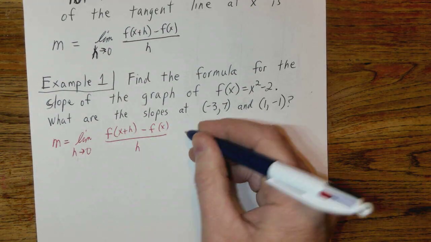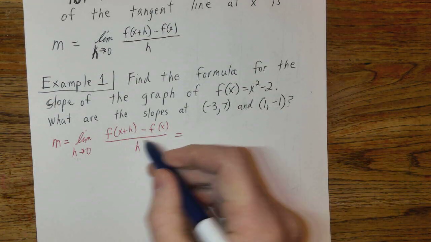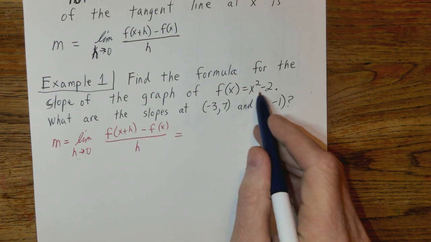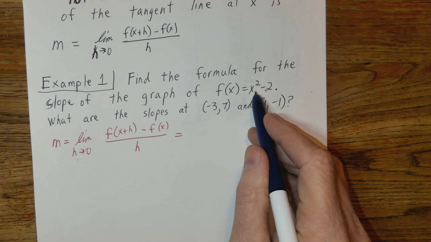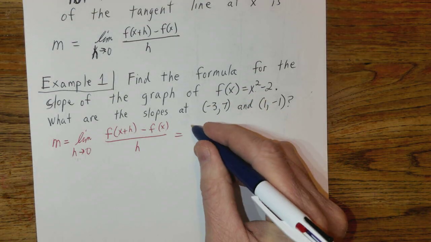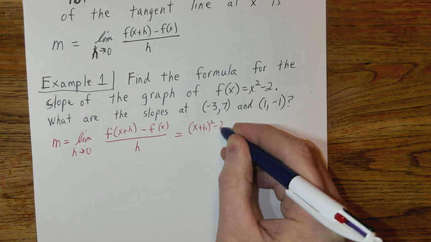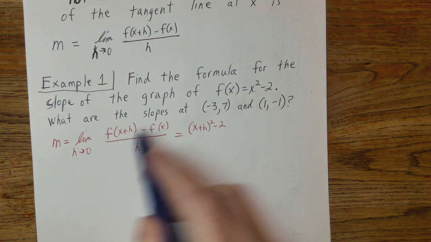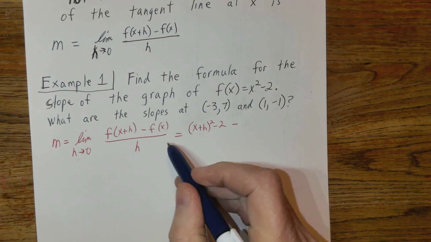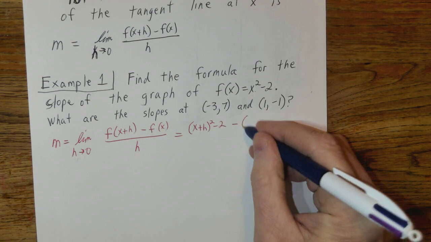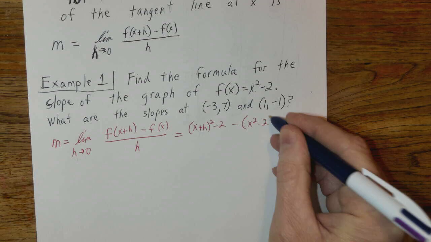There's the general form, but we are looking at f of x is x squared minus 2x. So I've got to take x plus h squared minus 2 times x plus h, and then I got to subtract f of x, which is x squared minus 2x.